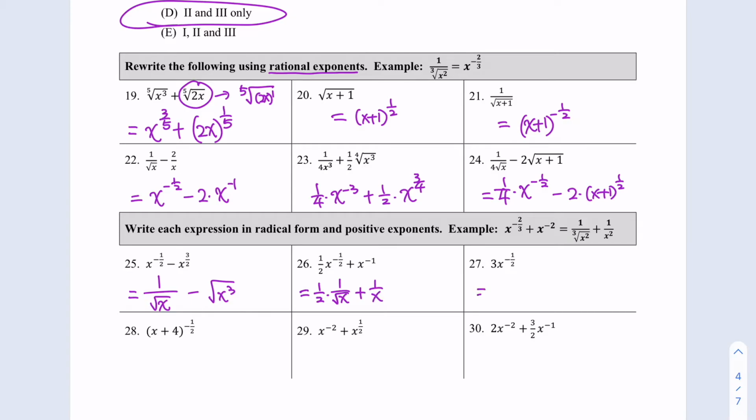Number 27, negative power, 1 over radical x, 1 over square root of x plus 4, 1 over x squared plus square root of x, 2 times 1 over x squared plus 3 over 2, 1 over x.